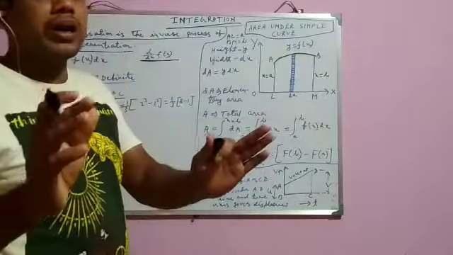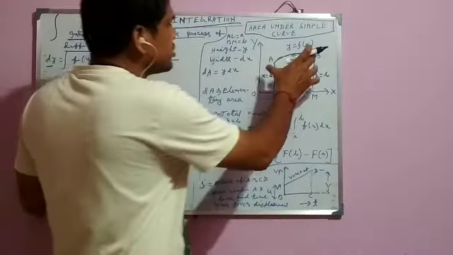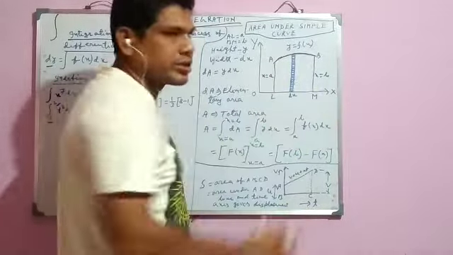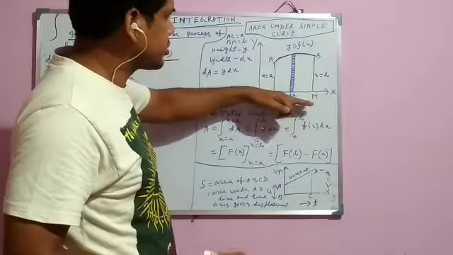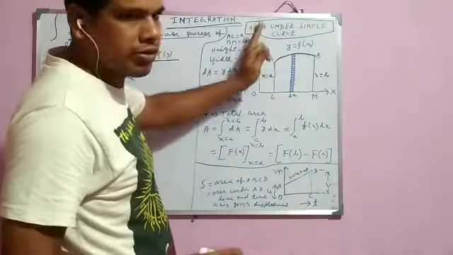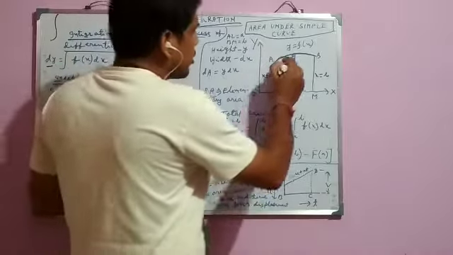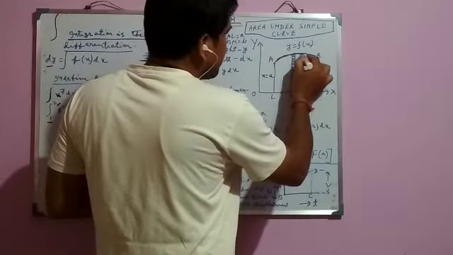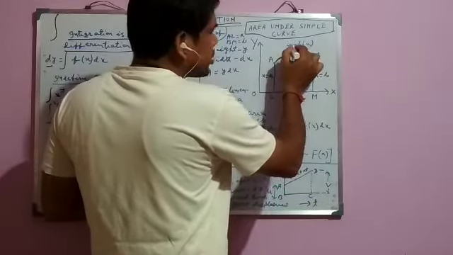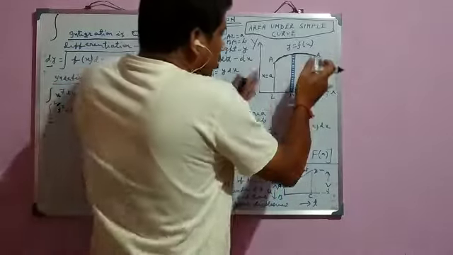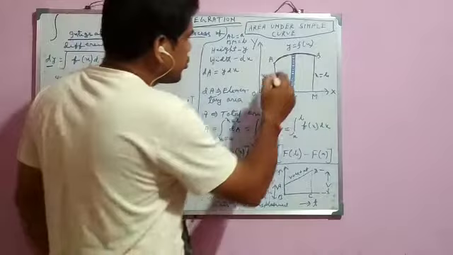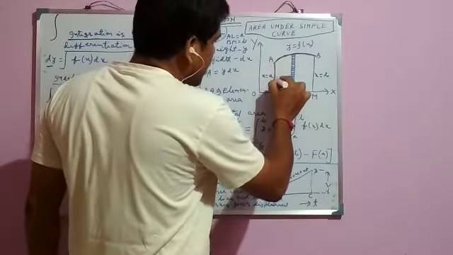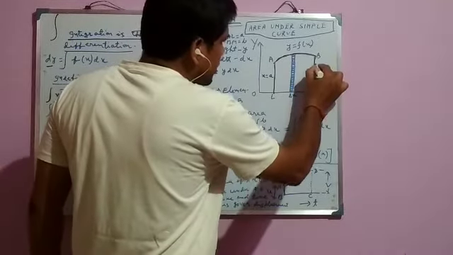Now we want to find the area bounded by this curve and the x-axis. Here OX is the positive x-axis and OY is the positive y-axis. We have to find the area bounded by this curve AB, whose equation is y equal to f(x), and the positive x-axis. So we have drawn two perpendicular lines, AL and BM.